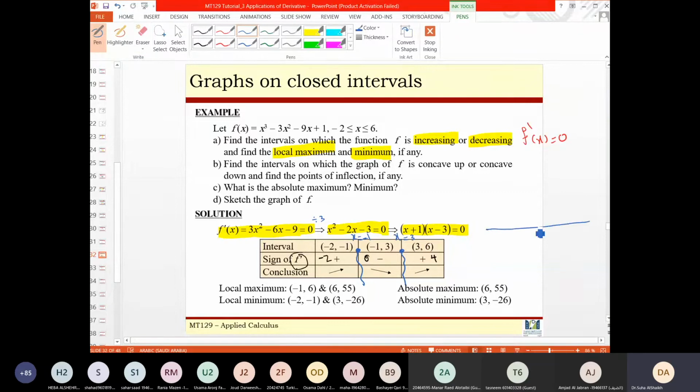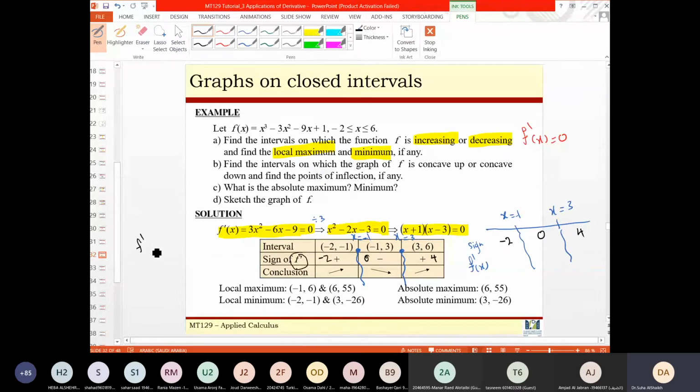We draw the line. We put the points, x equal to minus 1 and x equal to 3. I study the sign of f dash x. Choose a point here, 0, a point minus 2, and I'm going to choose 4.